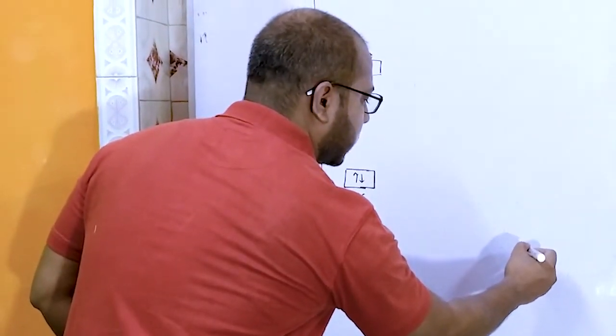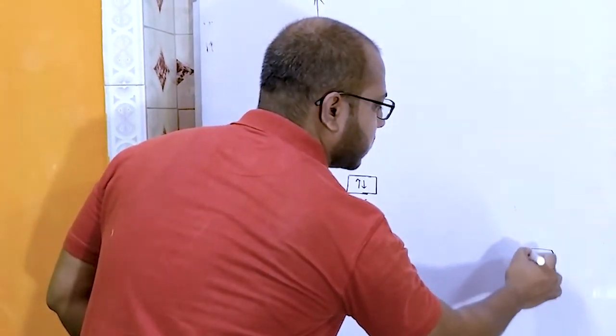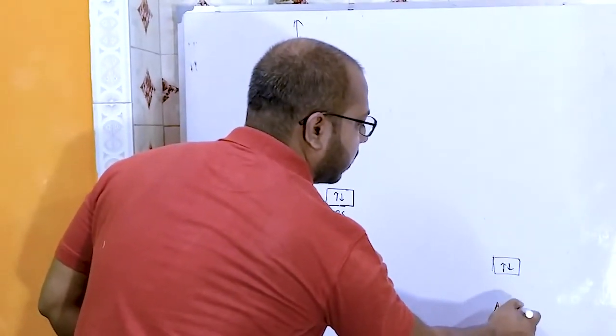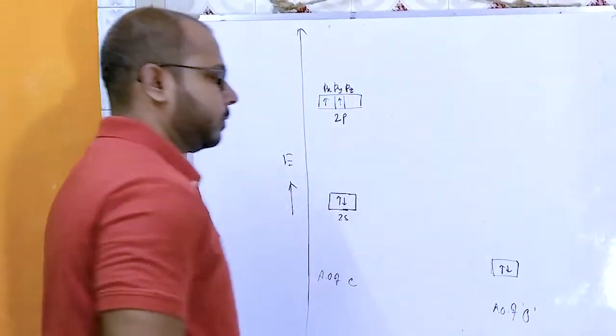Now oxygen will be slightly lower, 2s of oxygen will be slightly lower, atomic orbital of oxygen.